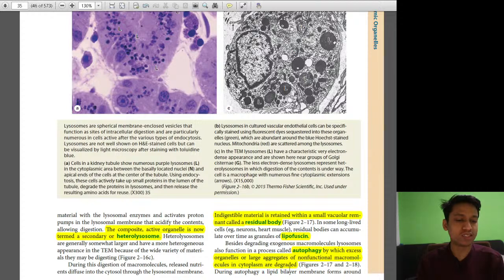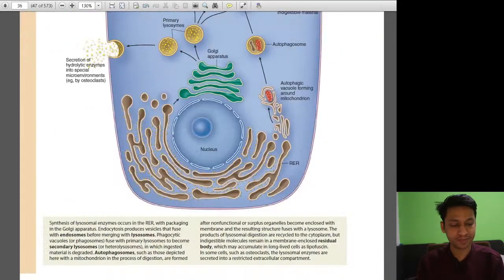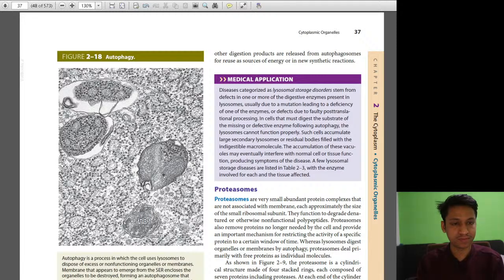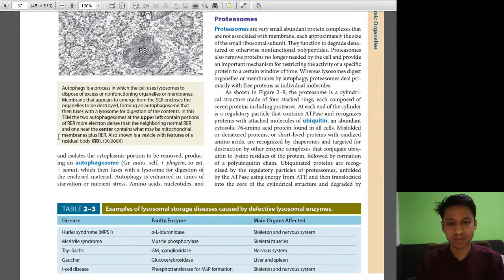During autophagy, a lipid bilayer membrane forms around and isolates the cytoplasmic portion to be removed, producing an autophagosome.